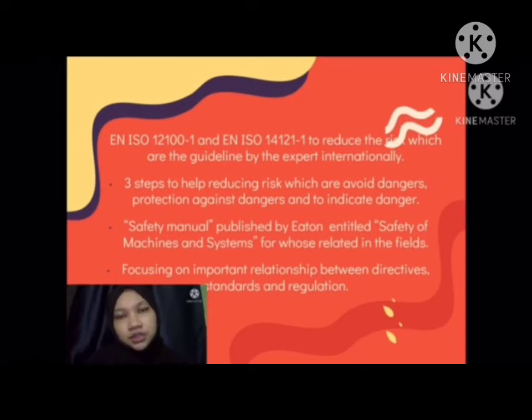Some risk reductions can also be controlled by the safety-related part of control system, SRPCS. It involves the entire functional chain of safety function, consisting of the input level sensor, the logic, which is safe signal processing, and the output level actuator.